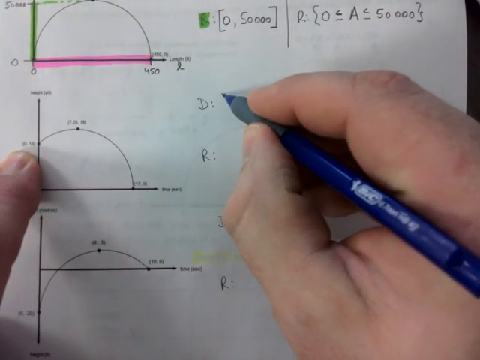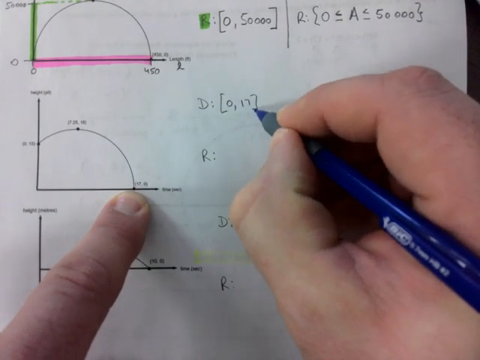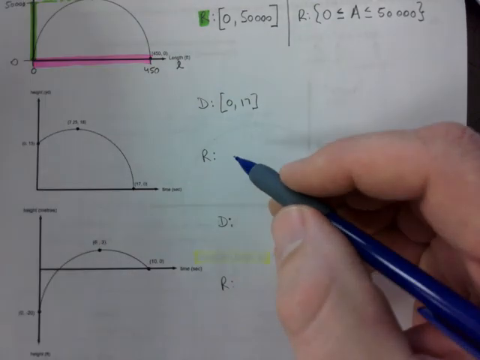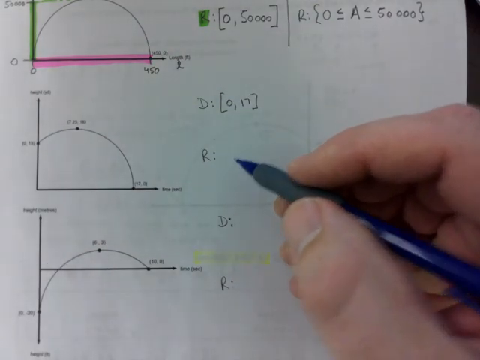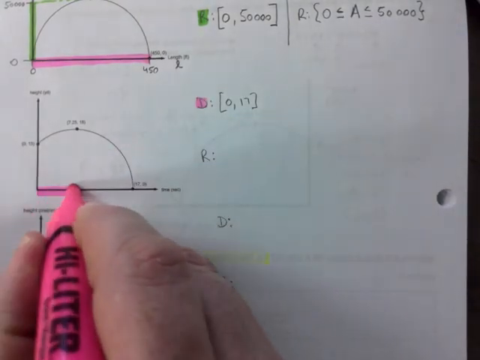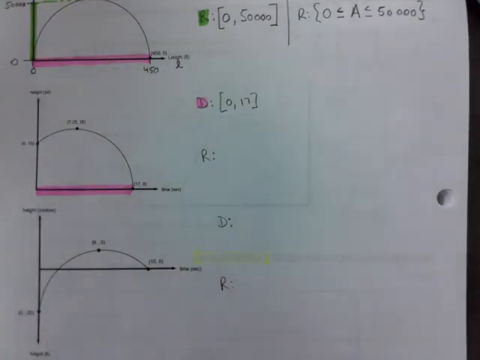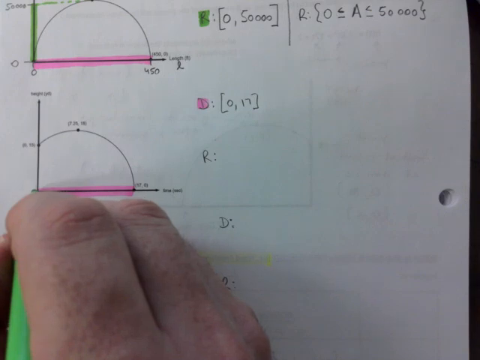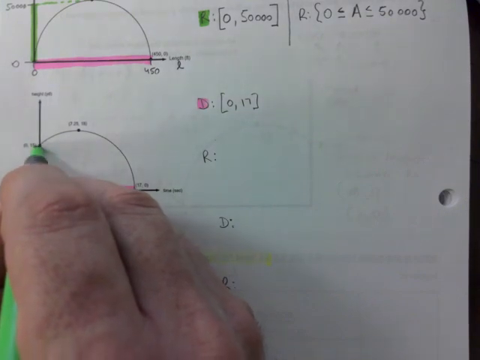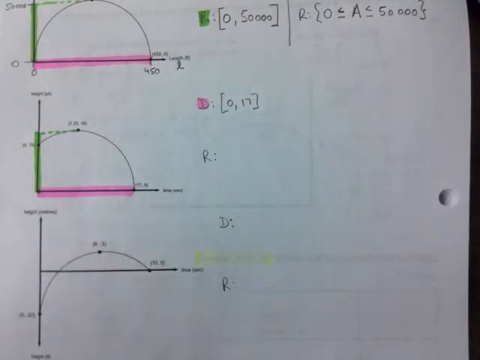So for your domain, 0 to 17. Yes. For my range, I should probably do the highlighting, right? At least for a couple more. So from 0 to 17, that's our domain. And then from 0 all the way to, this is the highest point right there.